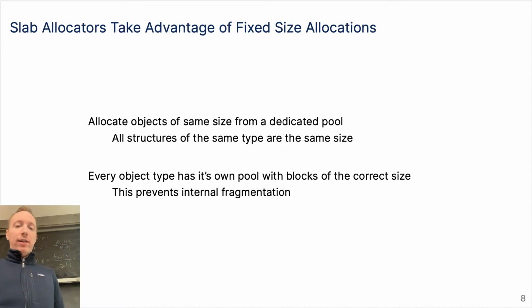For this implementation, you don't even need a linked list. You could just have one bit for every slot, 0 if it's empty and 1 if it's used, so it's really easy to see what's used and what's free. This would completely eliminate internal fragmentation because everything's the same size and fits in a slot.